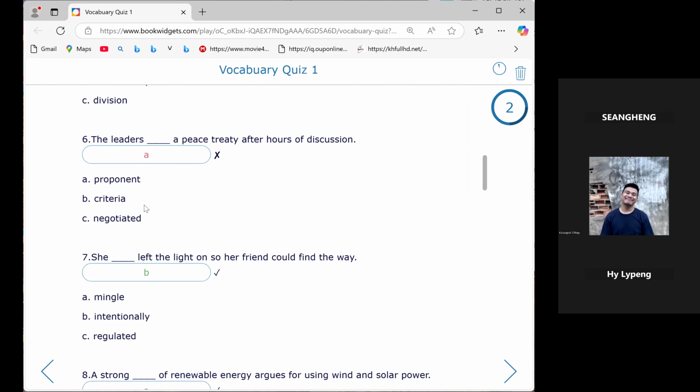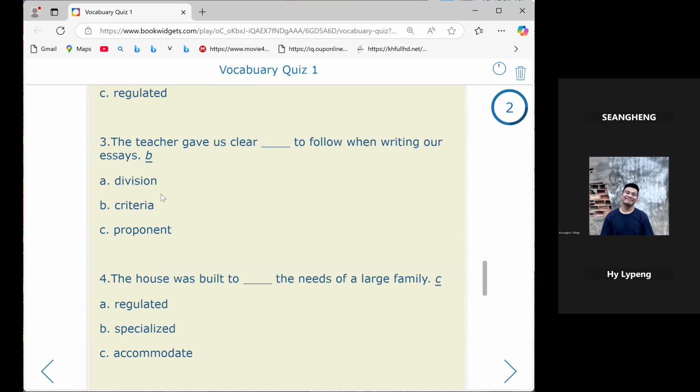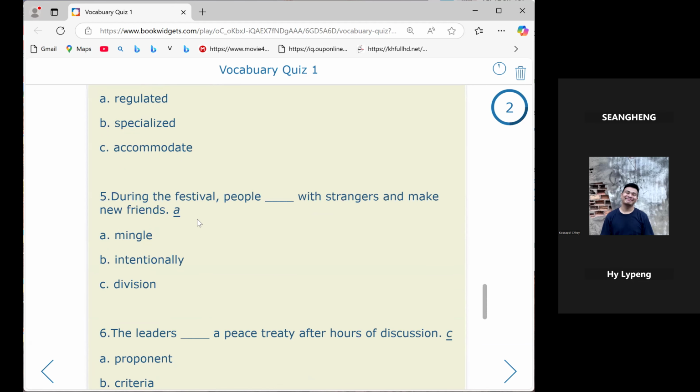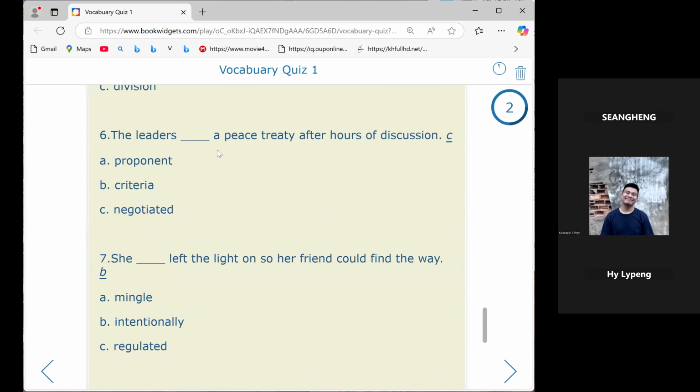Oh, I think negotiate. Oh, why? Maybe negotiate and discussion, because negotiate and discussion. Yes, discussion of a peace treaty after hours of discussion.